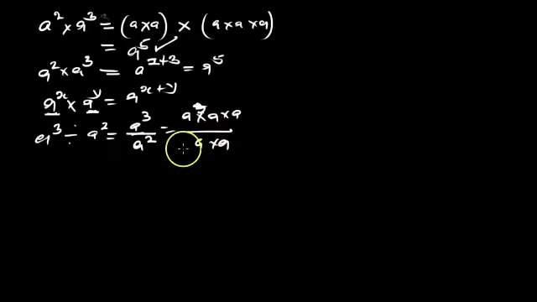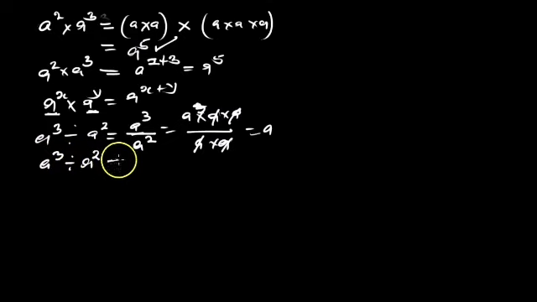So that if I do this, a cancels a, a cancels a, I'm left with how many a's? I'm left with 1a. So I can conclude that a raised to power 3 divided by a raised to power 2, you have 1a, which is a raised to power what? 1. It's the same thing as a raised to power 3 minus 2.